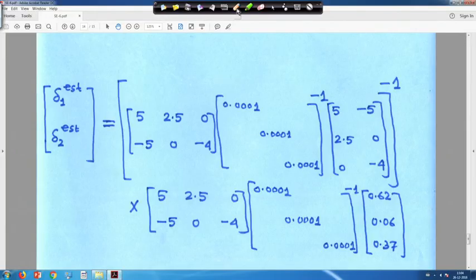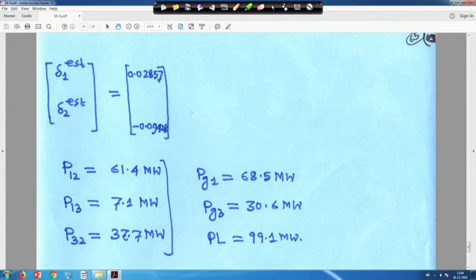So, it is manageable because it is a diagonal matrix, and all other elements will be 0, right. So, it is easy to multiply and get the result, and in a calculator, 2 into 2 or 3 into 3 matrix inversion is easily done. If you do so, you will get delta 1 estimated and delta 2 estimated.